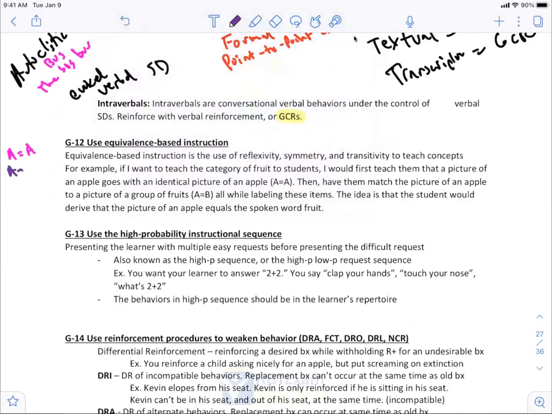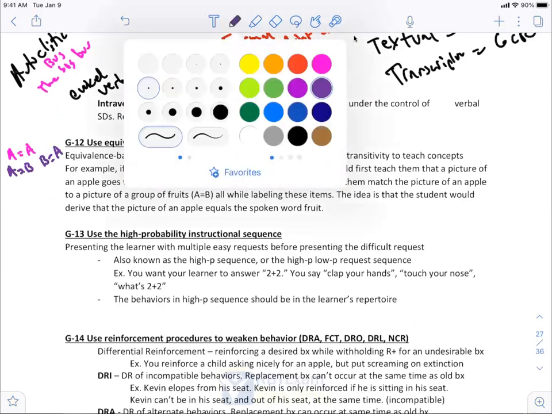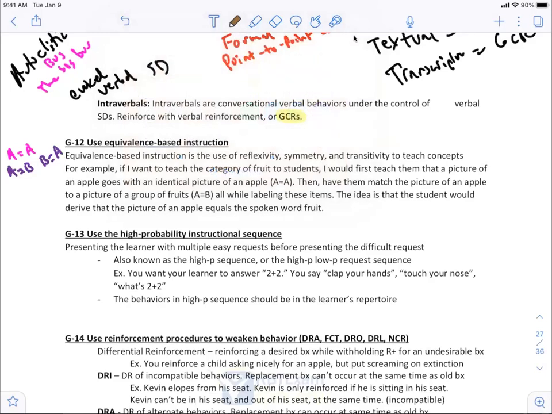A equals B, B equals A. Okay, and then if we get all the way up to transitivity, which is what we're going for, A equals B, B equals C, therefore C equals A. That's what we're talking about, equivalence-based instruction.